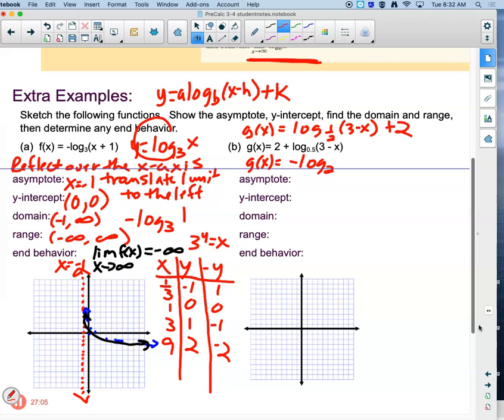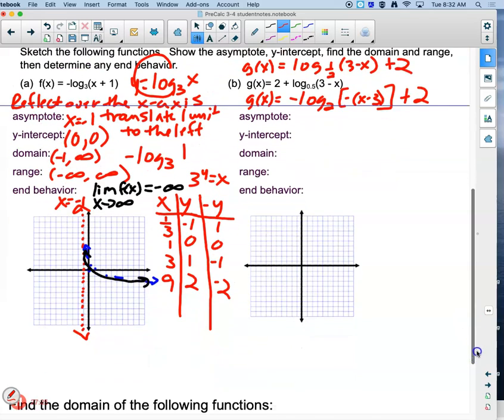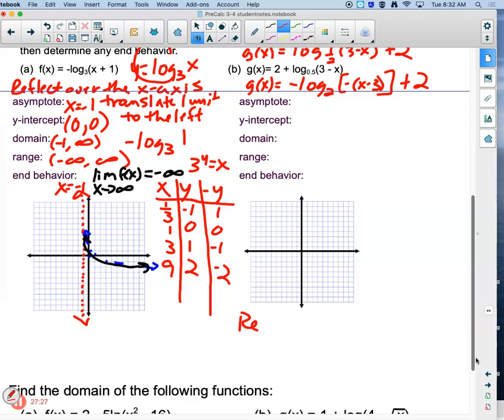Oh, everything in those parentheses is backwards, and it's going to have a negative in front of it. So we would want to factor out a negative and reverse it so that we can see all the transformations that are going to take place here. All right, so let's talk about those transformations. This one in the front is a reflection over the x-axis.